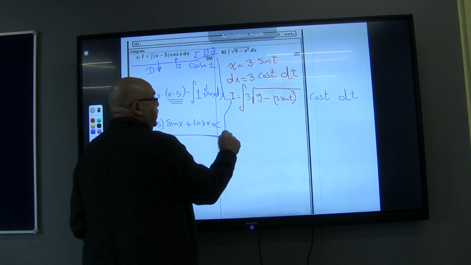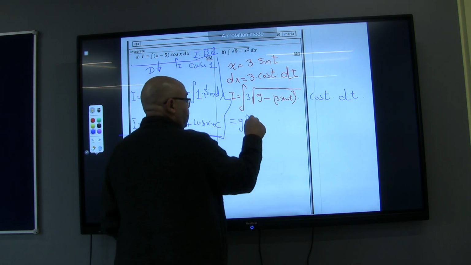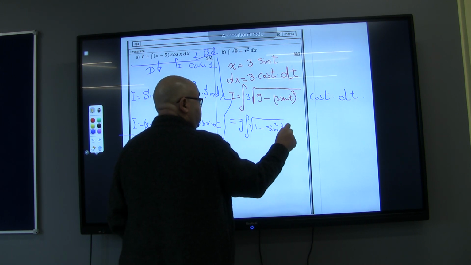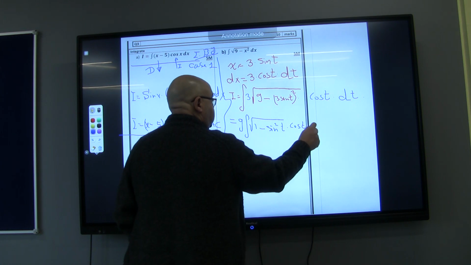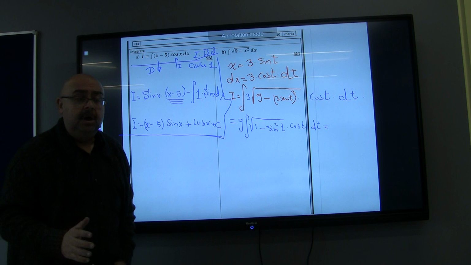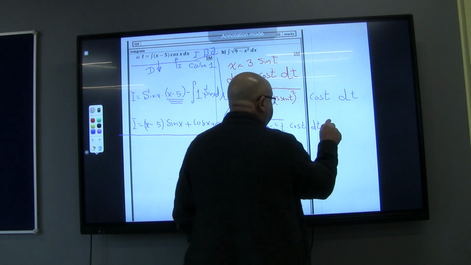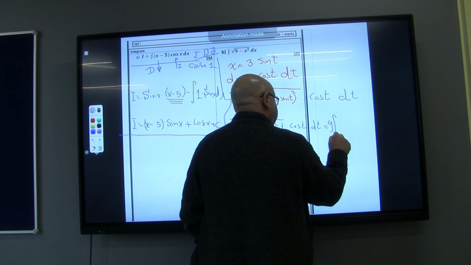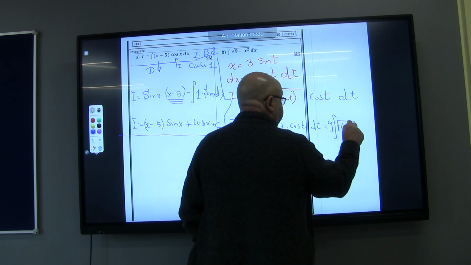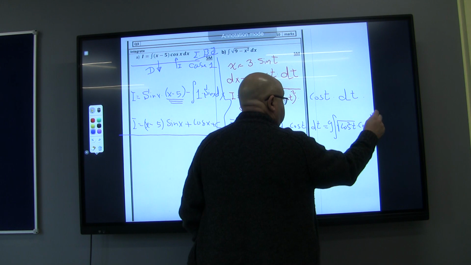Once more, I will take 3 as a common factor, so you will end up having 9 times the integral of the square root of 1 minus sine squared t times cosine t dt. We already made this substitution in order to take advantage of having 1 minus sine squared. So we will have 9 times the integral of the square root of cosine squared t times cosine t dt.